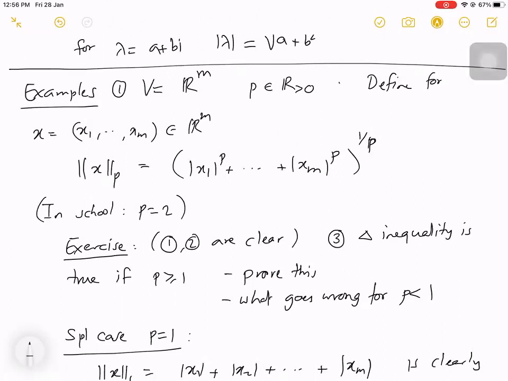But I'm just asking as a temperature check: if m is equal to 1, then what are all these different norms? P norms for various values of p. They're all mod x, you see, because there is no sum inside. It is just the absolute value of x1 to the p, to the 1 over p.